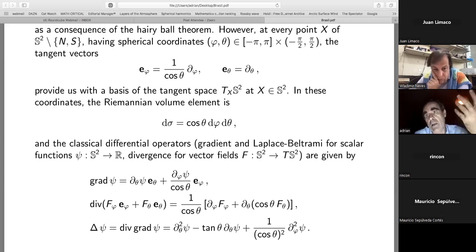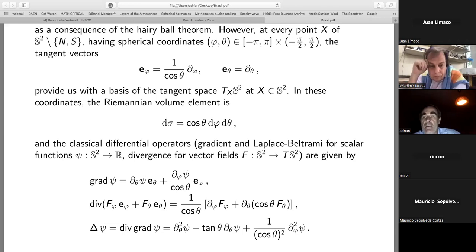Okay, but this is Laplace-Beltrami, the Laplace operator on a sphere. It looks like this, where theta is the latitude. There will be singularities at the poles because cosine of theta is 0. I cannot divide by it.